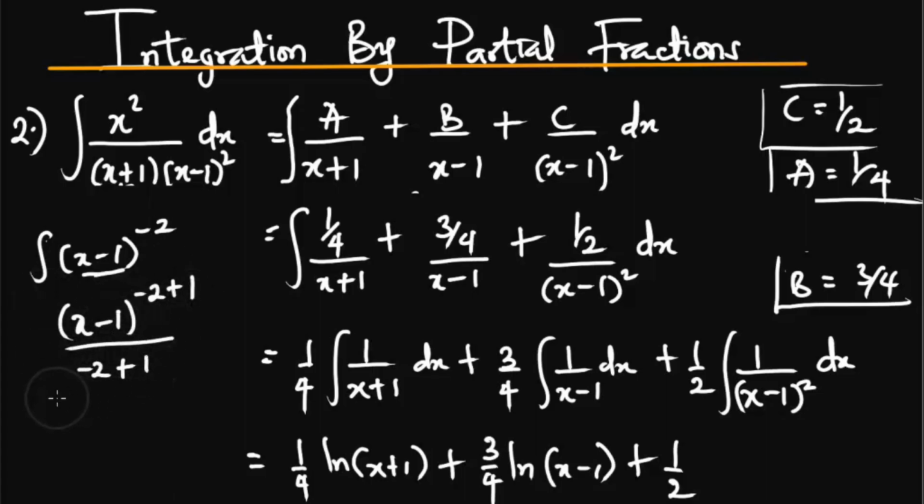And then we now divide by differentiating the inner function. When we differentiate x minus 1, we have what? 1. Okay? So what are we going to have? We're going to have x minus 1 into brackets minus 1 divided by minus 1.